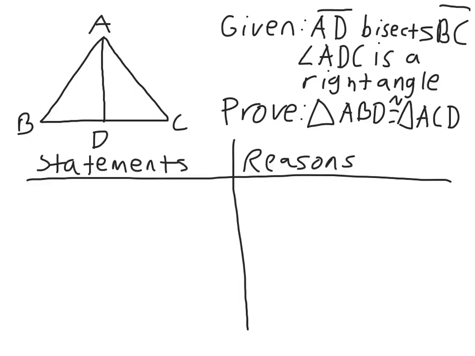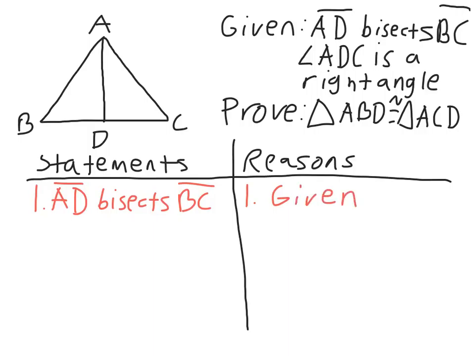So we start by saying what is already given. Number 1, AD bisects BC. The reason is that it's given. Number 2, angle ADC is a right angle.